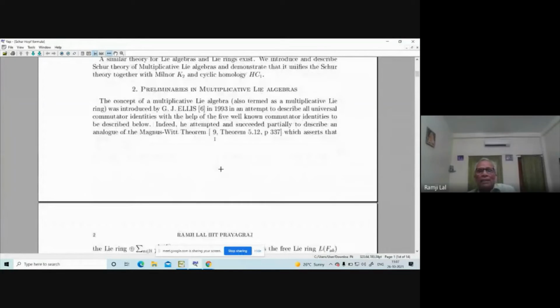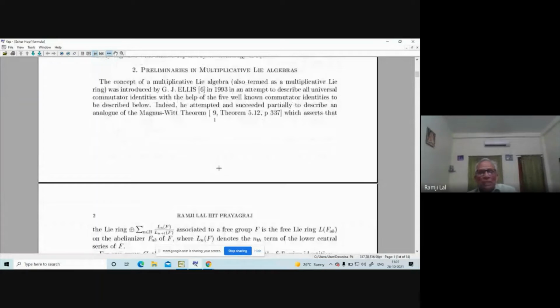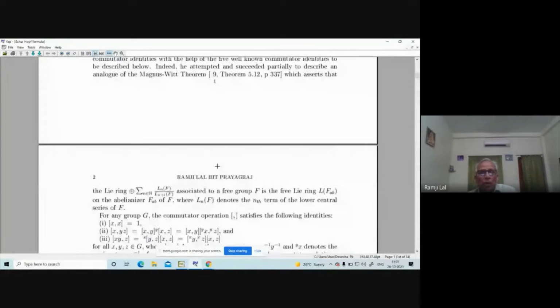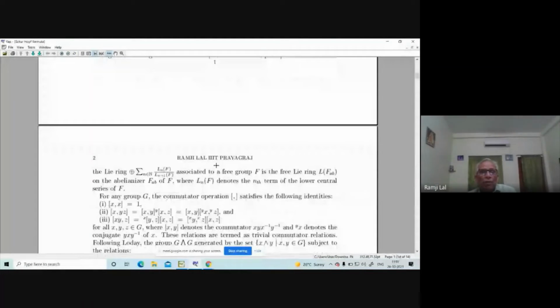And if you take the direct sum of those Lie algebras, then it is a free Lie algebra on the abelianization F of AB. So roughly, this is what is going to have the information about commutators, the commutators which are everywhere present in every group. So the identities which are present everywhere in the group.